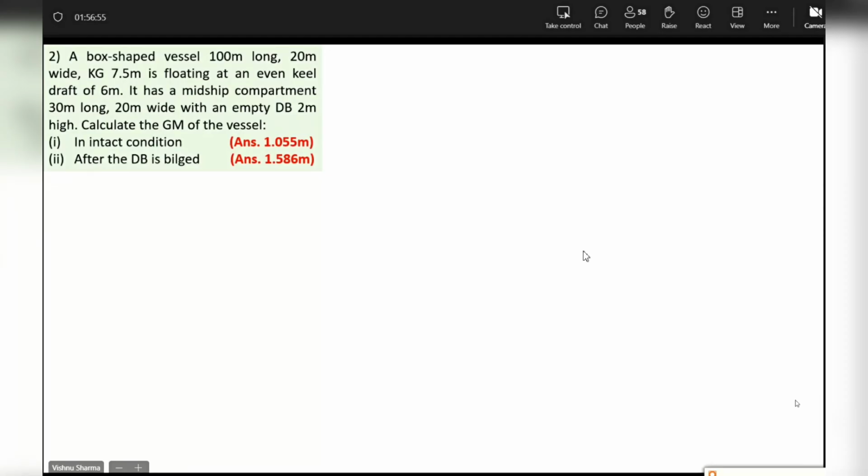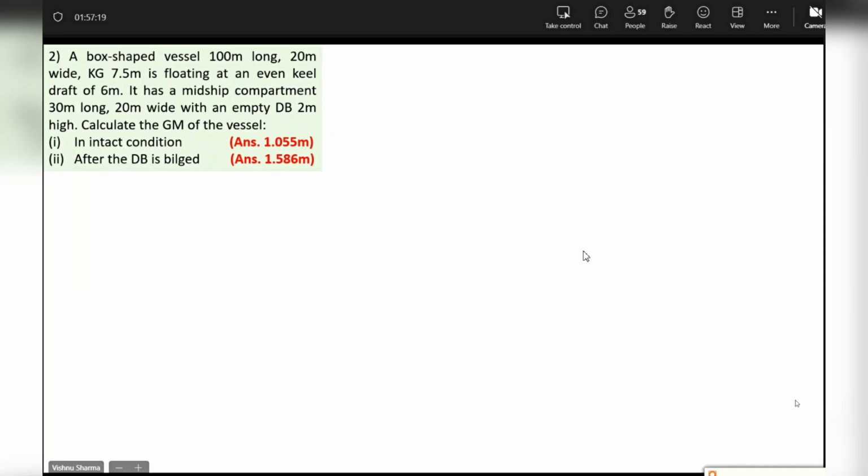Okay. Read the question. Is part one of the question same as earlier, or is there any change? Please tell me. If it is same, we'll skip it. No, I'm asking part A of the question. Part A is same, sir.